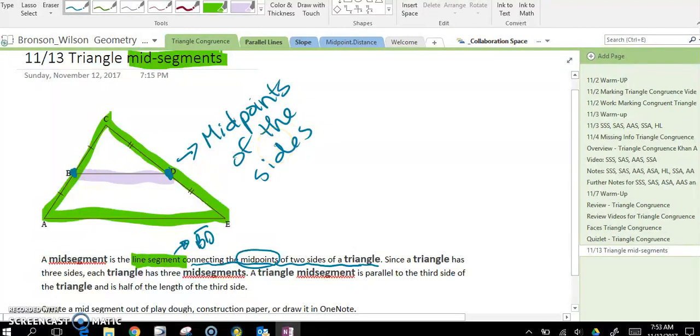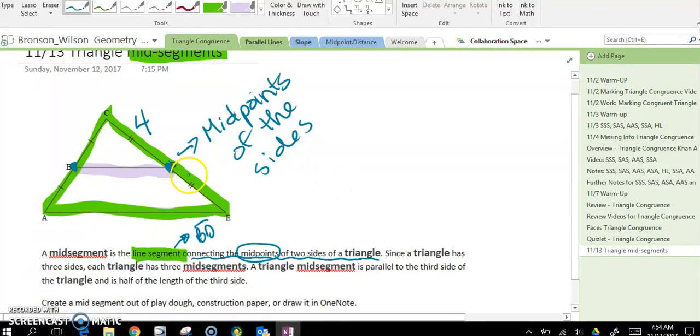Now, what do we know about midpoints? What does the midpoint do to this line segment? Let's say segment CD was 4. Then DE would be how much? 4.